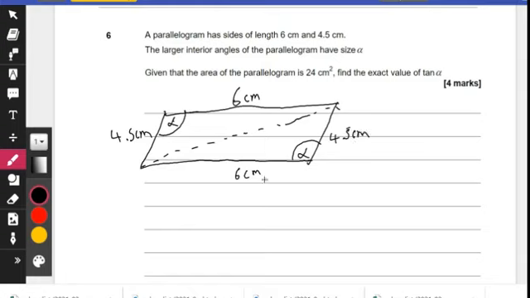And you can use the half ab sine C formula. So a half times 4.5 times 6 times sine of alpha is equal to, well, not the full area, but half the area. So 24 divided by 2, which is 12.